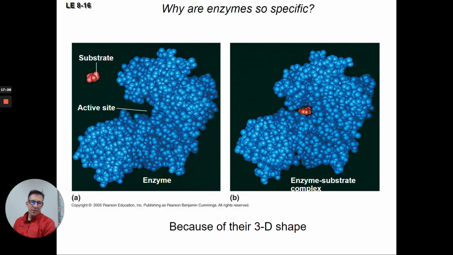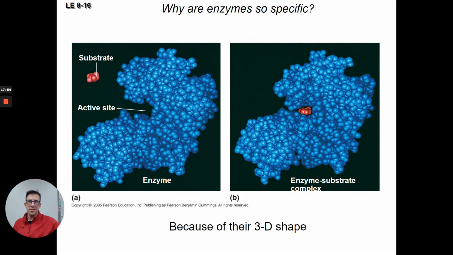If you don't have this specificity, any enzyme can go run around and facilitate any chemical reaction. But when you have this specificity, now all of a sudden we can start to regulate the enzyme, okay? If you don't have this specificity, you get runaway chemical reactions, and runaway chemical reactions in a body is not a good look for the body, okay?